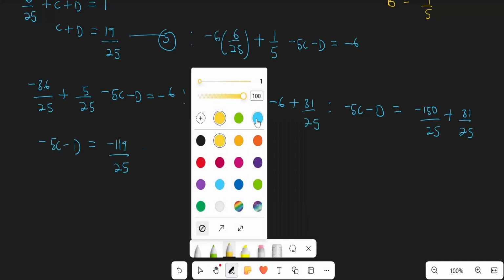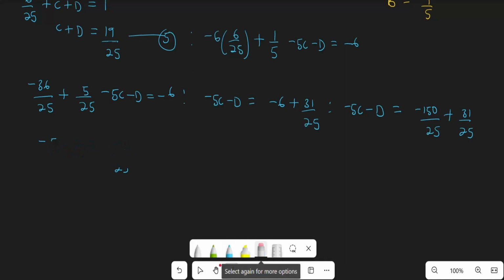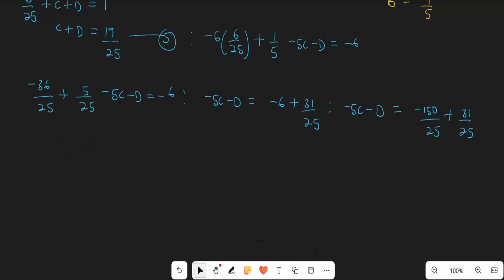When I multiply both sides by negative 1, that is going to make all these ones positive, right? So that is going to be 5c plus d, and that is going to be equal to positive 119 over 25, like this. So this is equation 6.